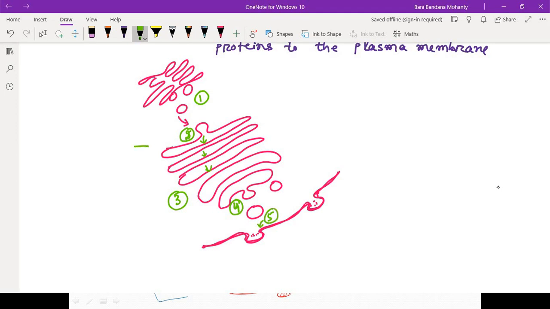This side is the cis side or receiving side. And this one is the trans side or exit side.